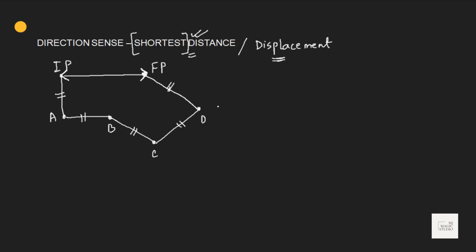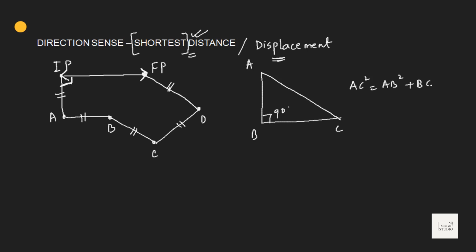Normally we use Pythagoras theorem to calculate these lengths because many times movements are in a left-right way, which gives us the sense of 90 degrees, and Pythagoras theorem obviously will help us in calculating the distances. We know the Pythagoras theorem, isn't it? If it is triangle ABC, angle B is 90 degrees, then AC square is equal to AB square plus BC square.